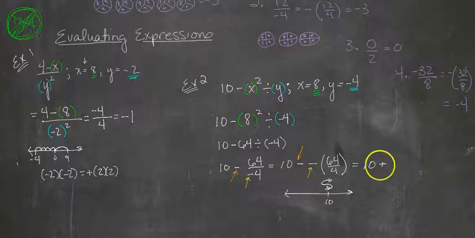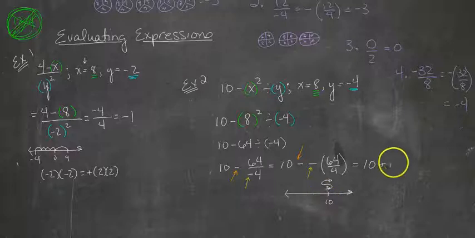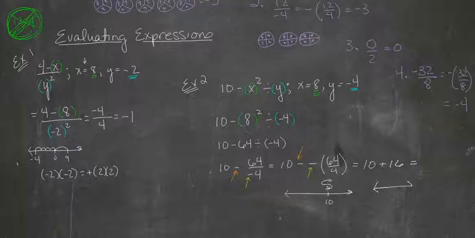So minus minus becomes a plus, and then 64 divided by 4, well, that's just 16. So 10 plus 16 equals, now this is addition subtraction, so I'm still on the number line, right? I'm at 10 going the right direction, and I go 16 more, so I'm at 26. And the answer is positive because I went 26 more in the positive direction on the number line.